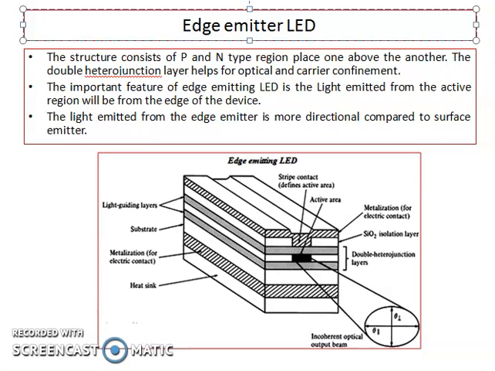The light emitted from the edge emitter is more directional compared to the surface emitter. The diagram clearly indicates that the light is emitted from this side, not on the top side. So it is the edge emitter LED because of the construction, and light is emitted along the edge, not on the surface.